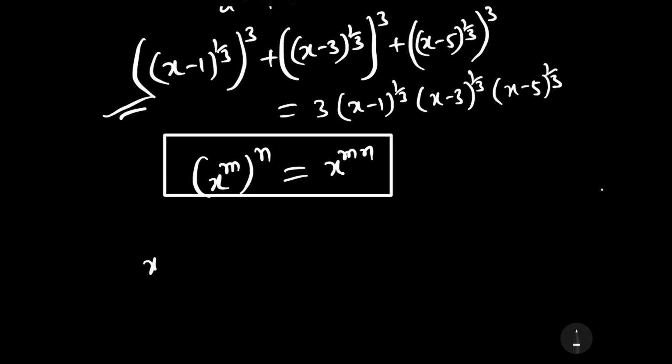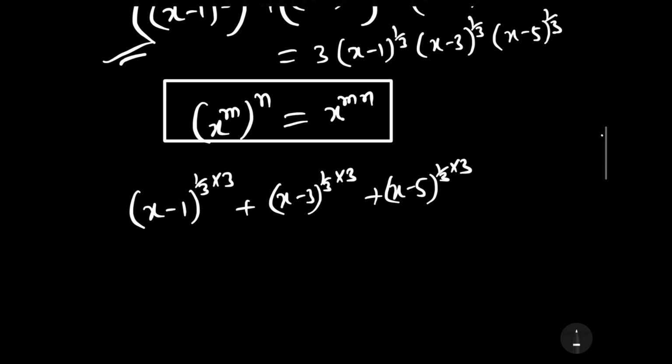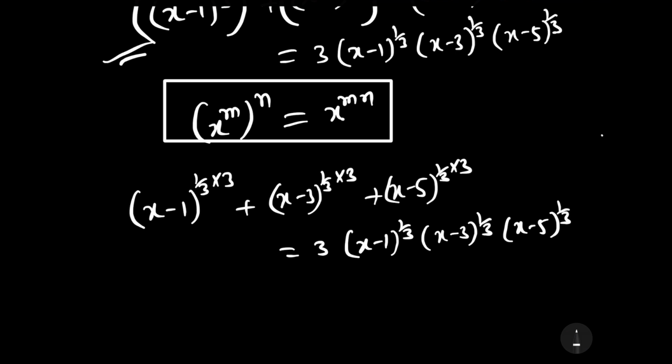Now this can be written as (x minus 1) to the power 1 by 3 times 3 plus (x minus 3) to the power 1 by 3 times 3 plus (x minus 5) to the power 1 by 3 times 3, and that is equal to 3 times (x minus 1) to the power 1 by 3 times (x minus 3) to the power 1 by 3 times (x minus 5) to the power 1 by 3.